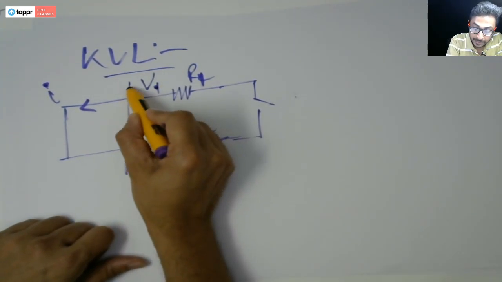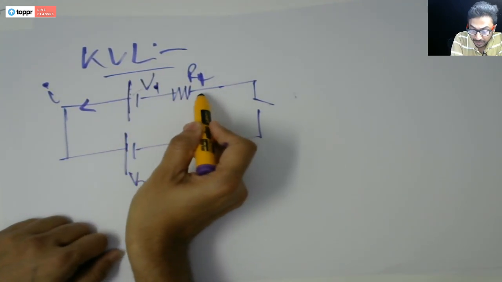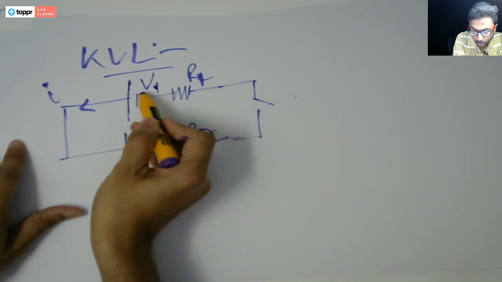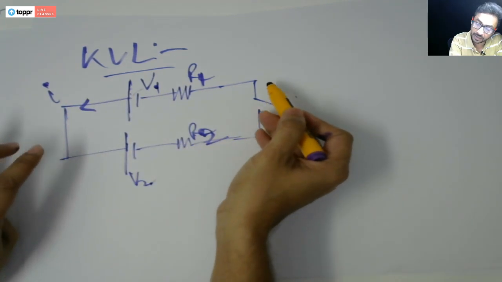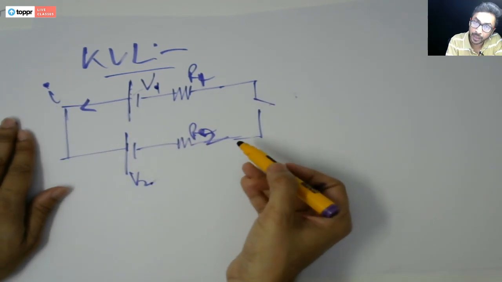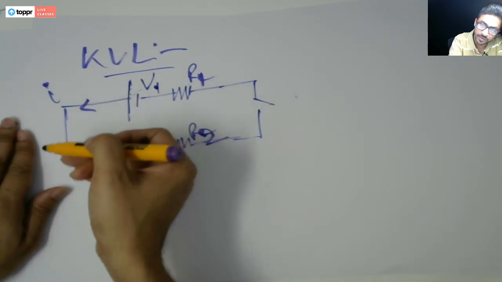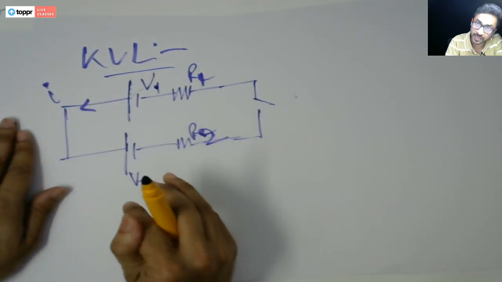What will happen? The convention is, if we go in the clockwise direction and the current is also going in the clockwise direction, meaning we are going with the direction of the current, then this is a positive direction.